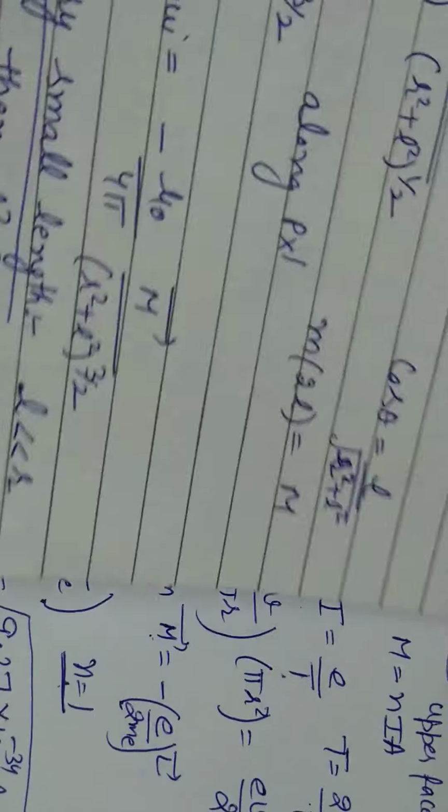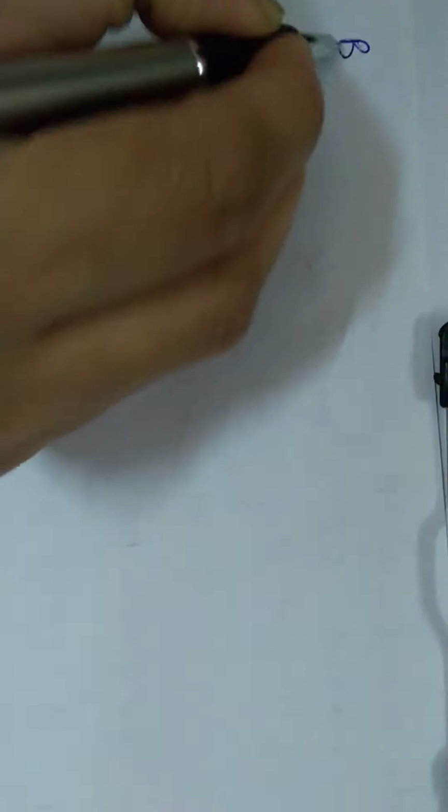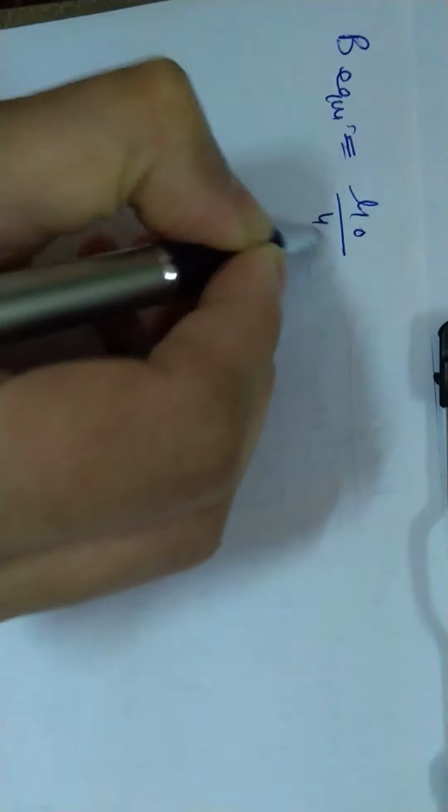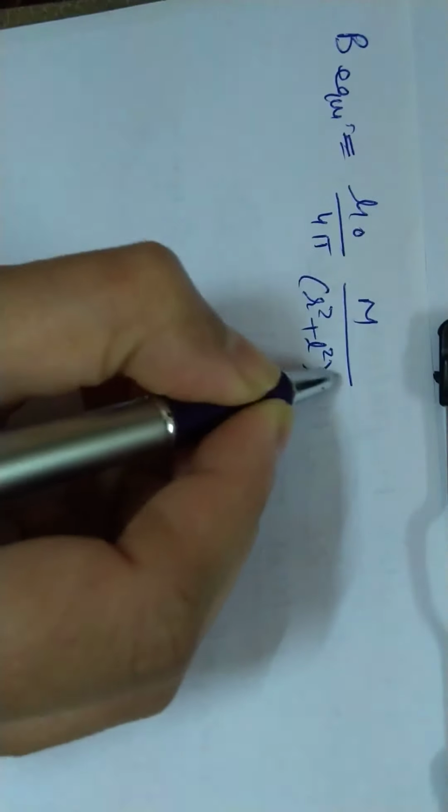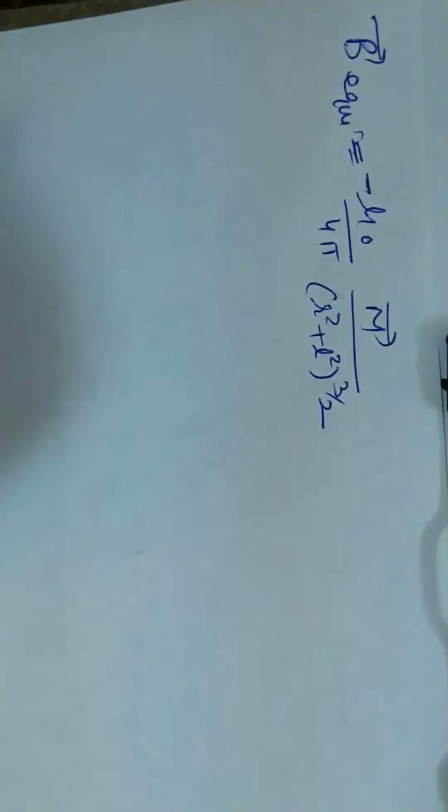Similarly, as in the case of the electrostatic field, we write the magnetic field on the equatorial line as mu naught upon 4 pi, M upon (r square plus L square) to the power 3 by 2. And in vector form, again we have the negative sign. Why do we have the negative sign?